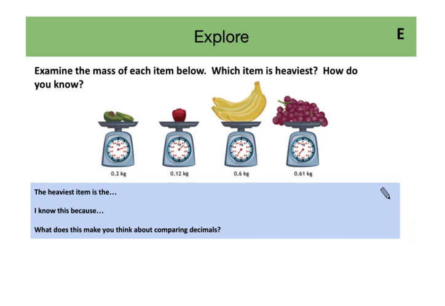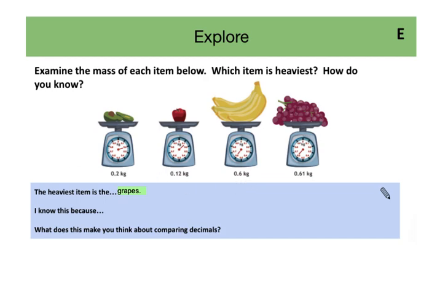Okay, so what did you think the heaviest item was? Was it the avocado, the apple, the bananas, or the grapes? If you said grapes, you're correct. And how do we know this? Well, think about the lesson we looked at yesterday. How would we say the banana's mass in hundredths?